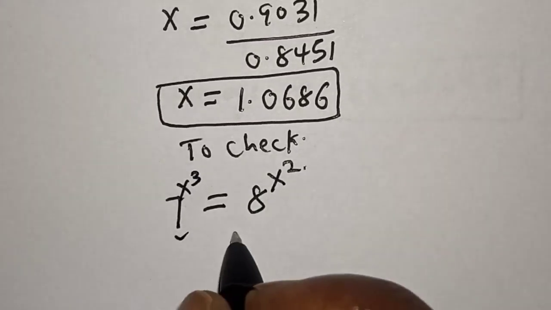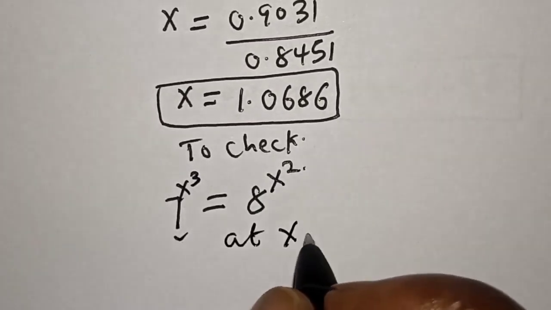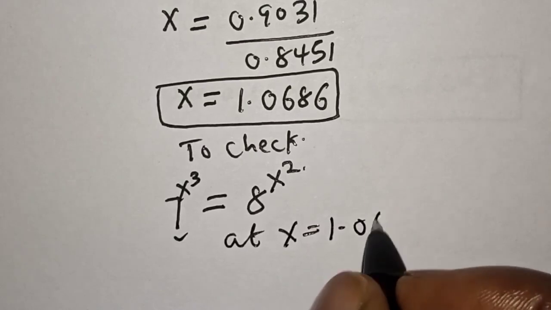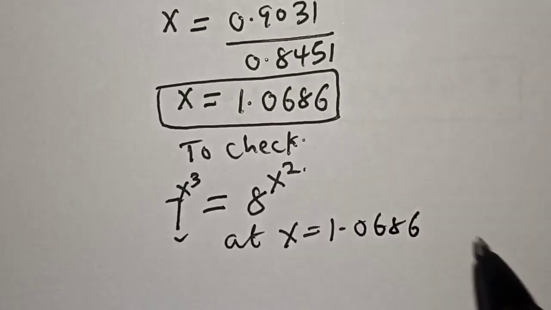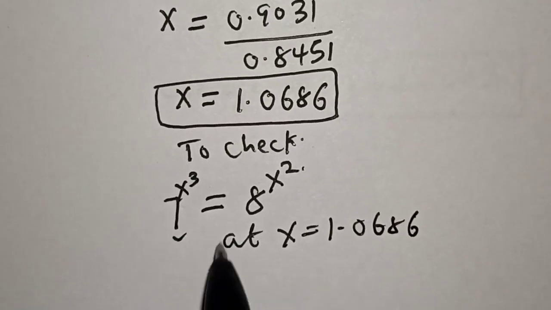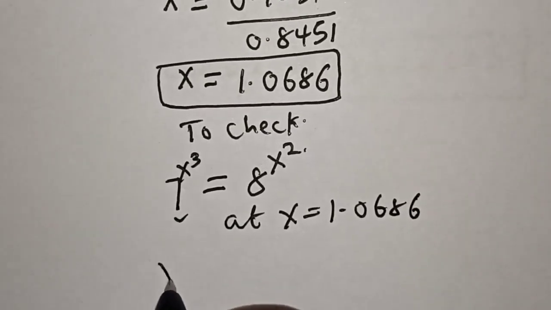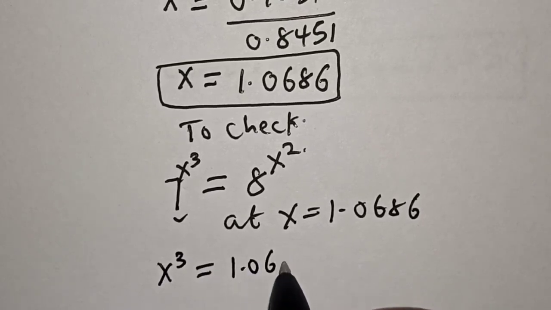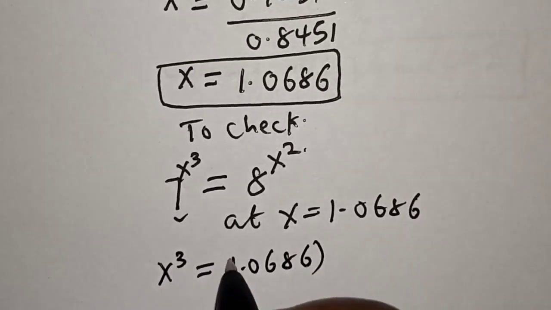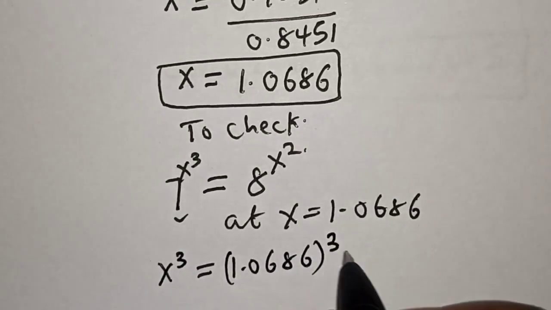At s is equal to 1.0686, then s cube is equal to 1.0686 raised to power 3.